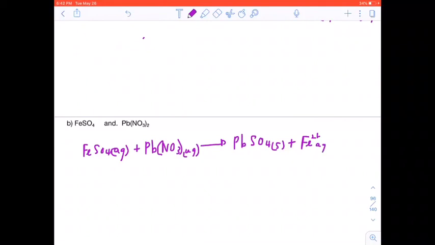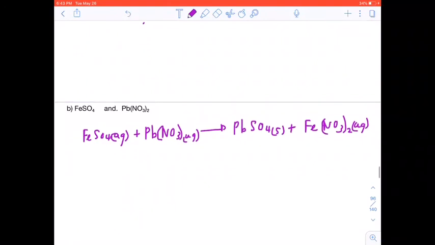Let's first write it in a molecular form. It gives me Fe(NO3)2 aqueous. Right, so we have that, and if we look at our equations, are they balanced?